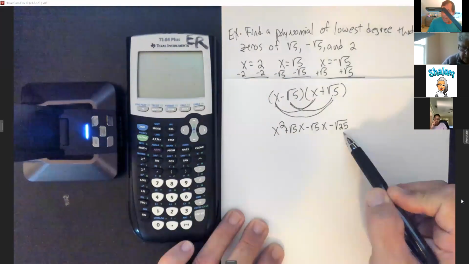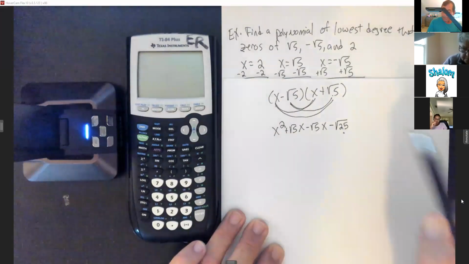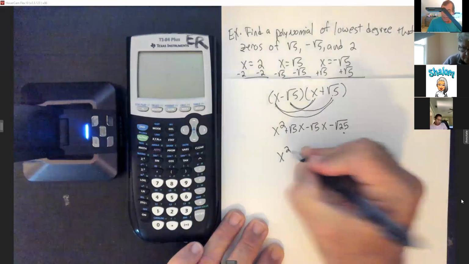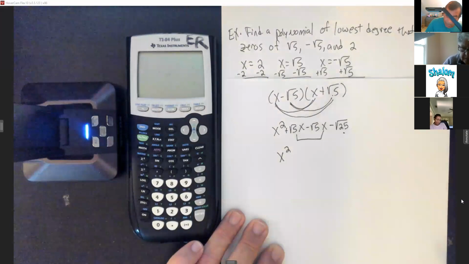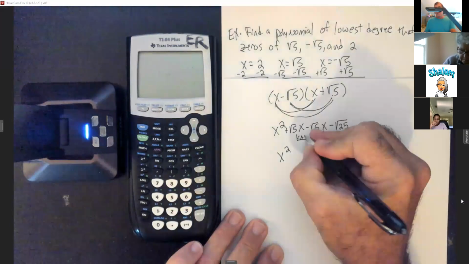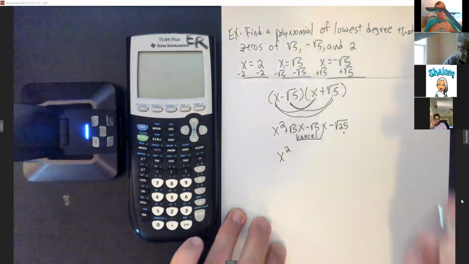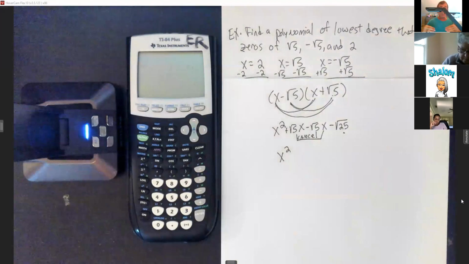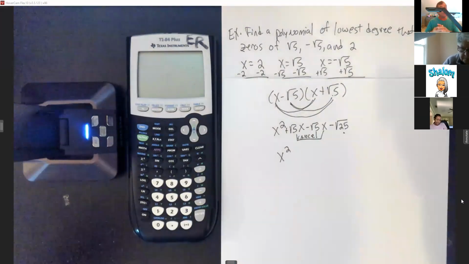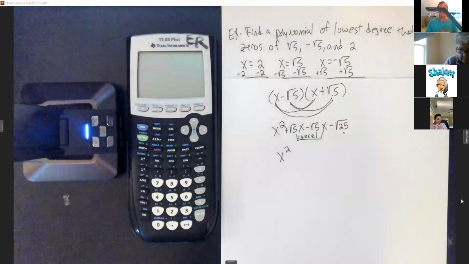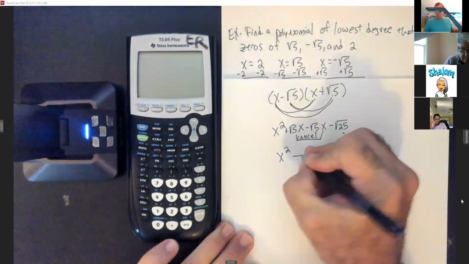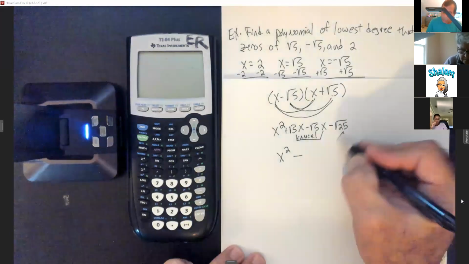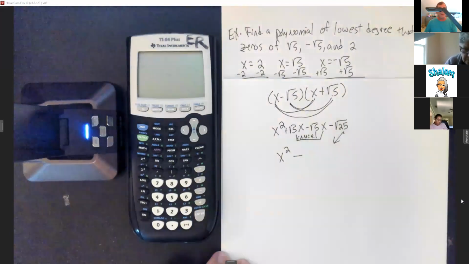So what's happening here, you bring the x squared down. These middle terms are going to cancel. And y'all remember, like I said, 100% of the time on conjugate pairs, those middle two terms are going to cancel every time. And then it's minus. Well, I know what the square root of 25 is going to give me.